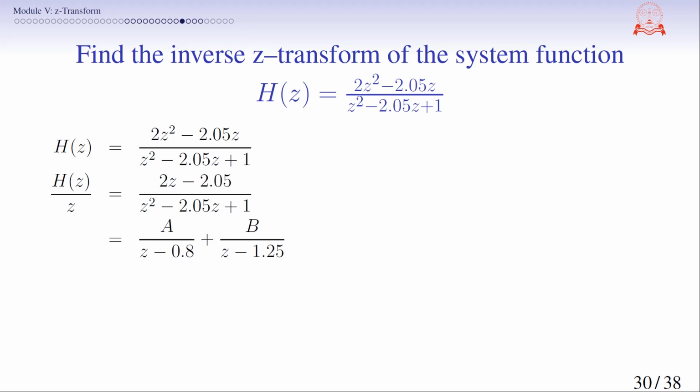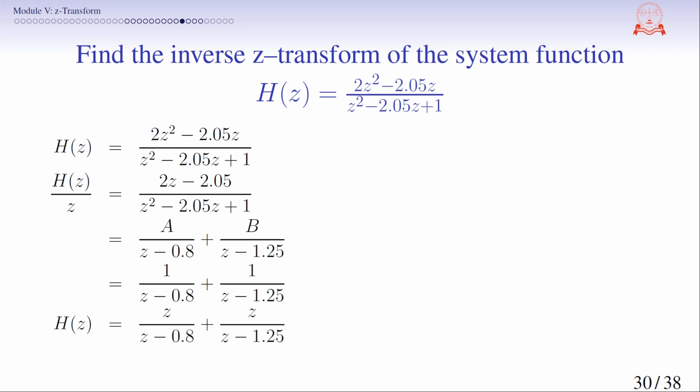So the partial fraction is a by z minus 0.8 plus b by z minus 1.25. Computing the values of a and b, we get a as 1 and b as 1. So H of z is equal to z upon z minus 0.8 plus z divided by z minus 1.25.